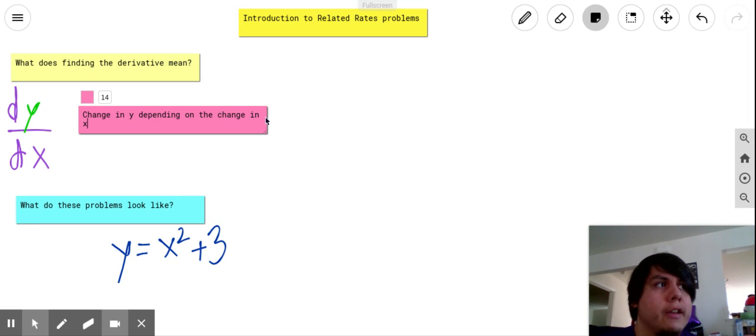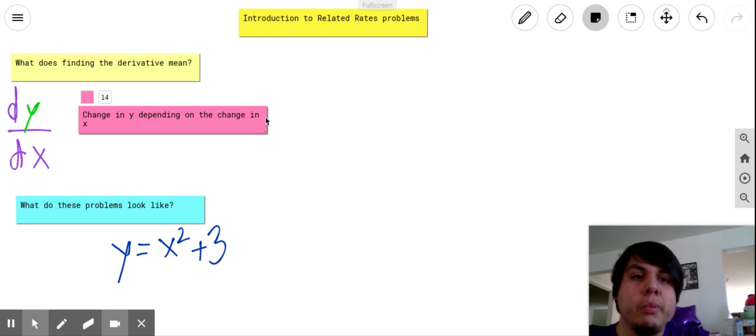It tells us how things change based off of this, right? In these upcoming problems, things are going to be just a little different from that, okay? Because the important part is understanding the context for related rates.